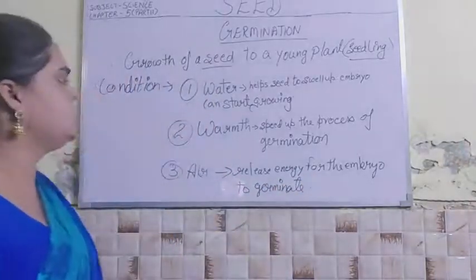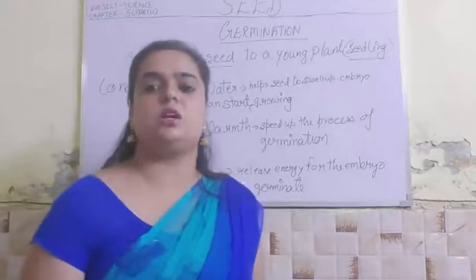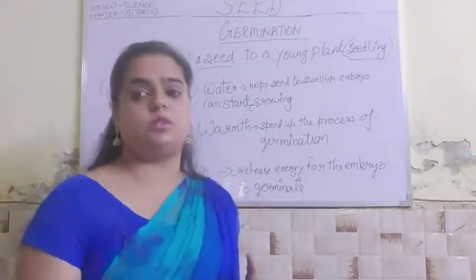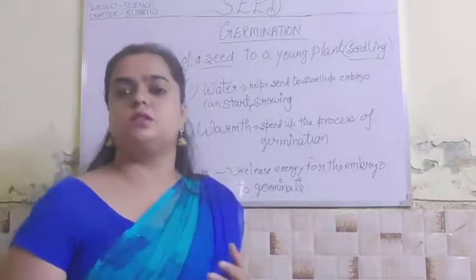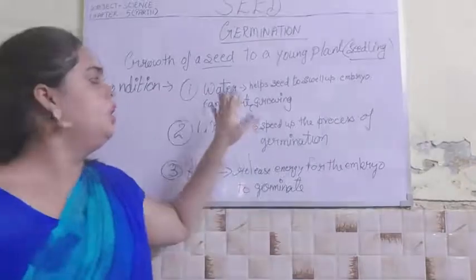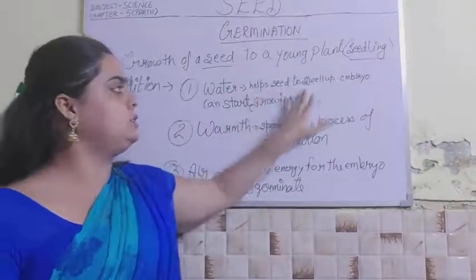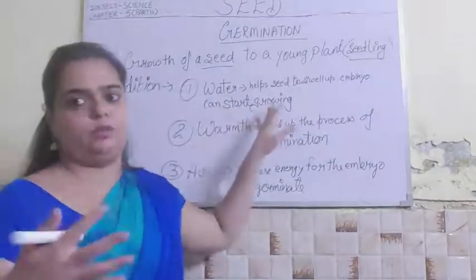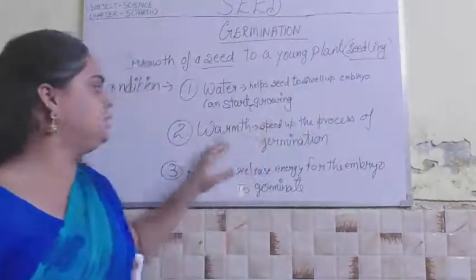Okay, so these are the three conditions required for germination. The first one is water. Water helps the seeds to swell up and then the embryo can start growing from there. Second, warmth.